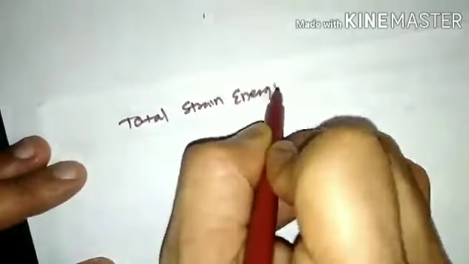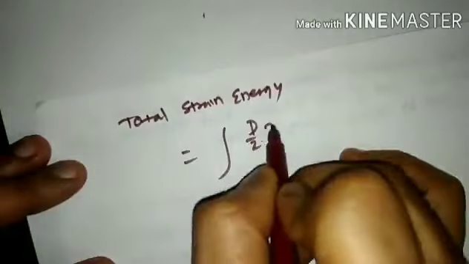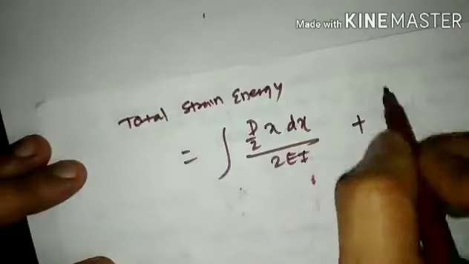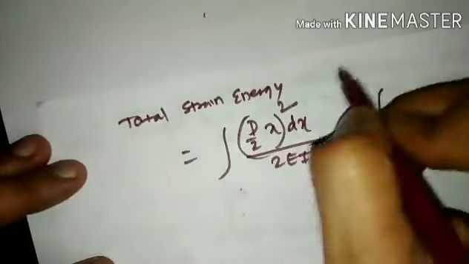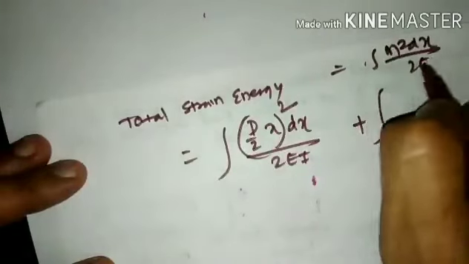We shall rewrite it here: the total strain energy is the integration of m squared dx divided by 2EI.